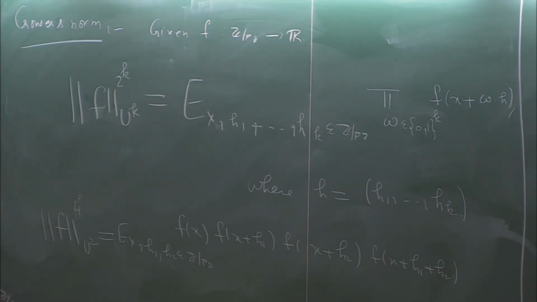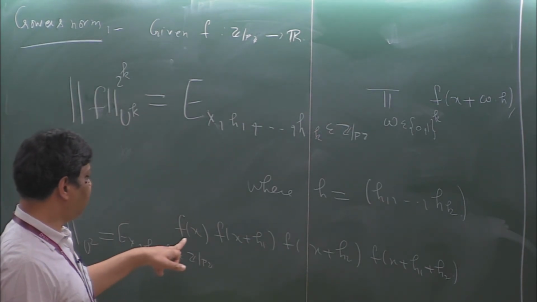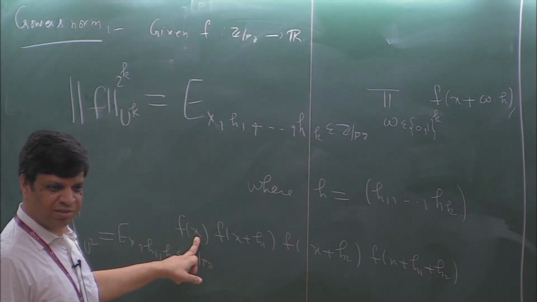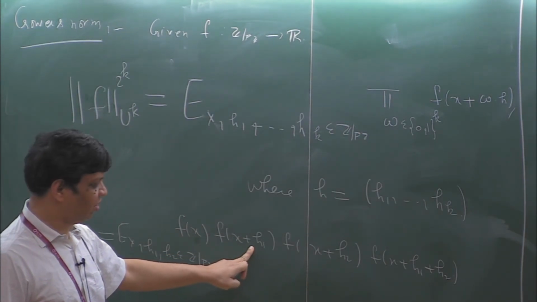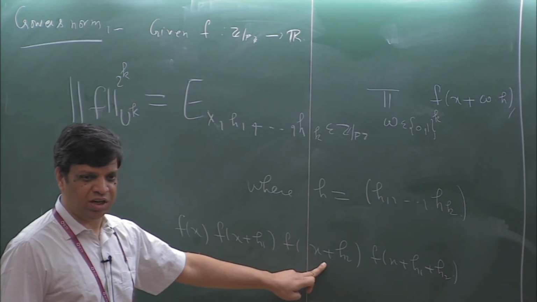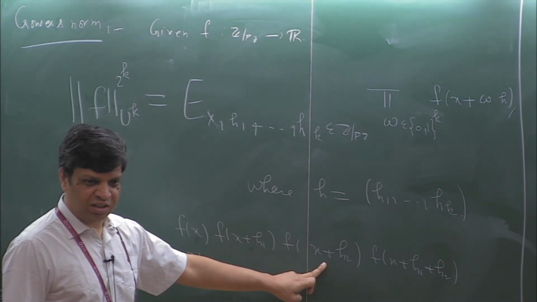Okay, this corresponds to W is equal to 0 everywhere. This corresponds to W is equal to 1 comma 0. This corresponds to W is equal to 0 comma 1.